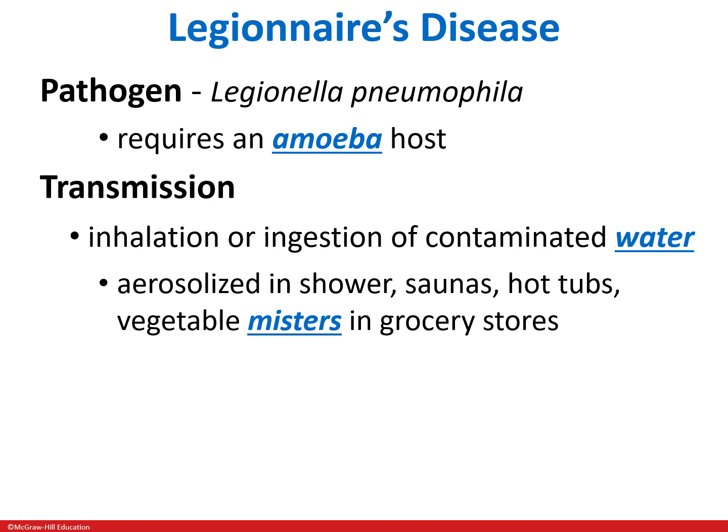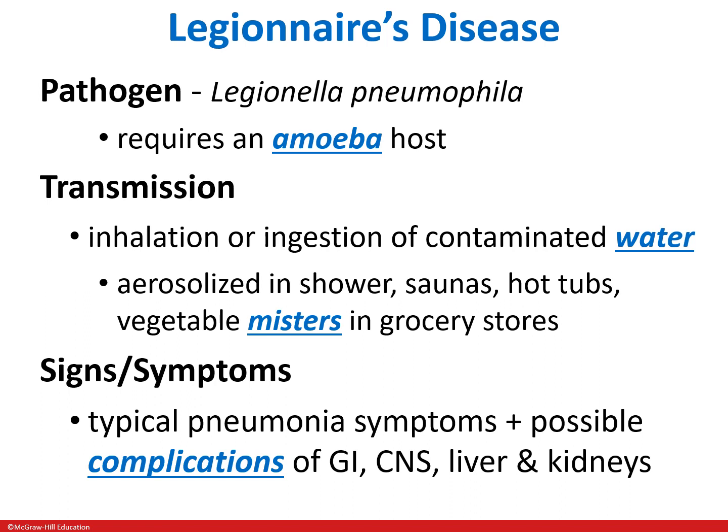And if you don't wash those carefully, then it can be transmitted that way. So we've had a few cases traced to that form of transmission. And so again, typical pneumonia symptoms, but this can lead to much broader complications that can involve the GI, the nervous system, the liver, or kidneys, and can be fatal.